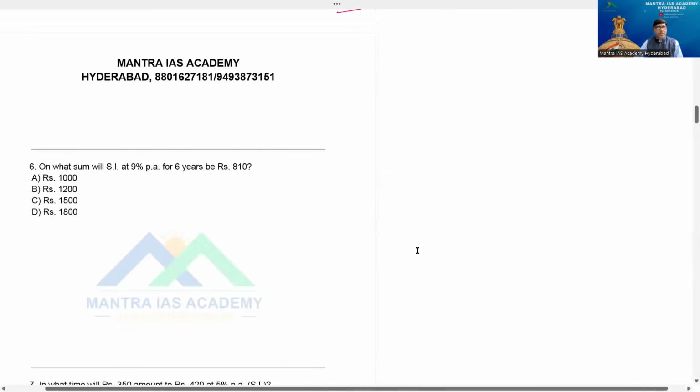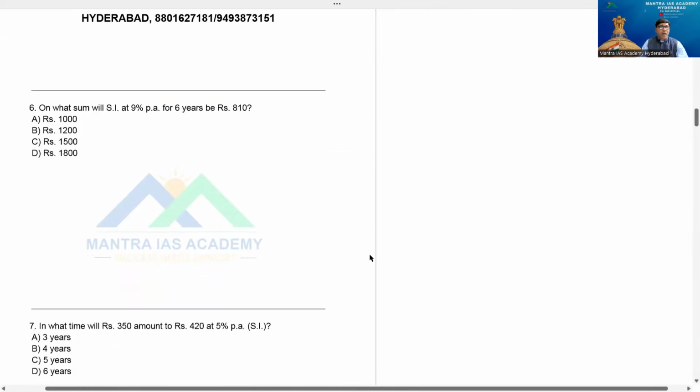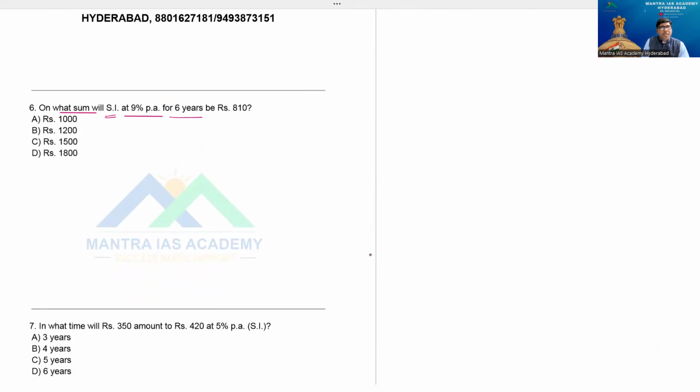Then problem number 6. Question is, on what sum will SI at 9% per annum for 6 years be 810 rupees? He is asking what the P value is where simple interest is equal to 810.